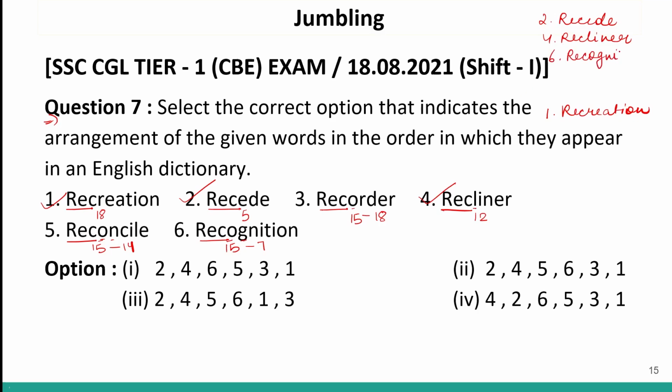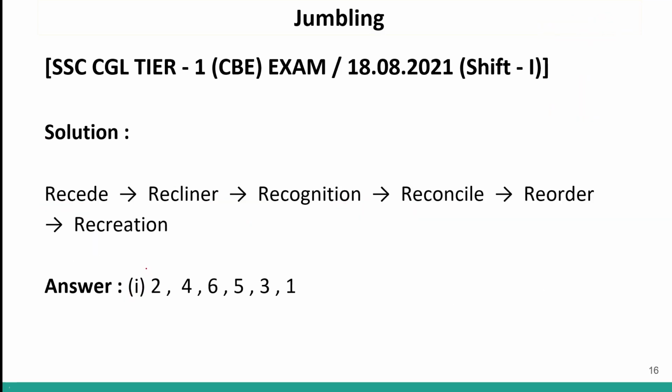After this, we'll get reconcile, and after this we'll get recorder. So the correct logical sequence will be 2, 4, 6, 5, 3, 1, and this is given in option number 1. So option number 1 will be your correct answer.